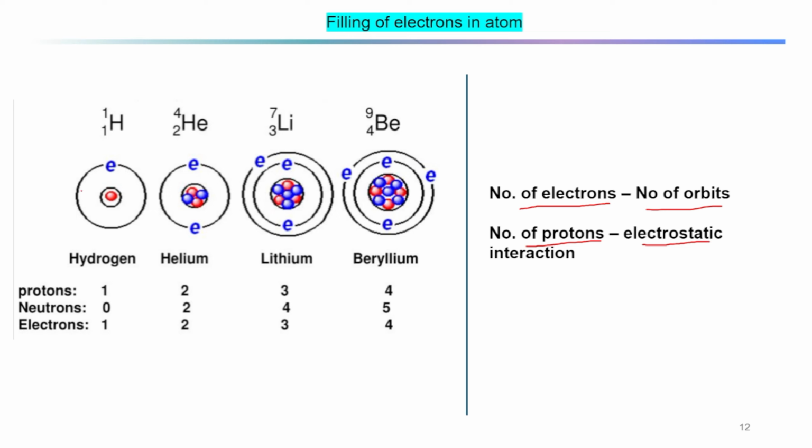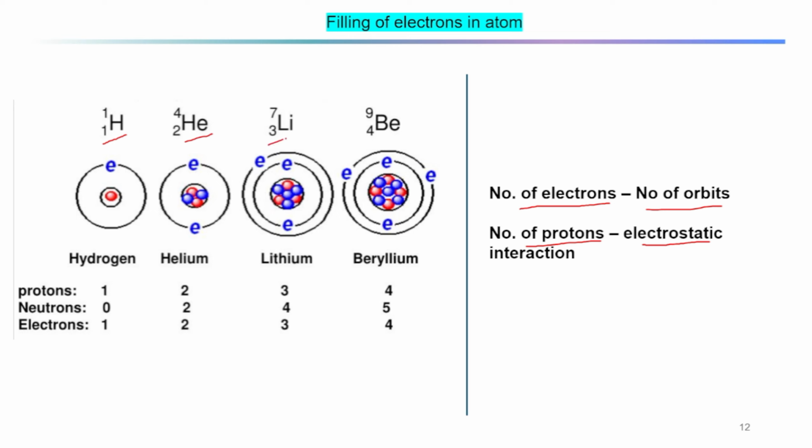For example, you can see here in the case of hydrogen, we have one proton and one electron in the first orbit. In the case of helium, we have two protons and two neutrons in the nucleus, and two electrons in the first orbit.